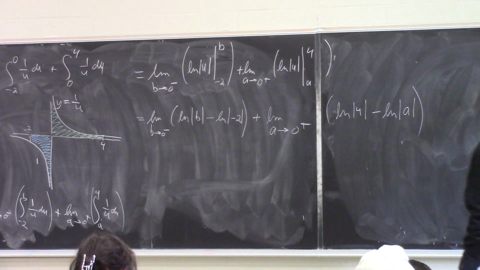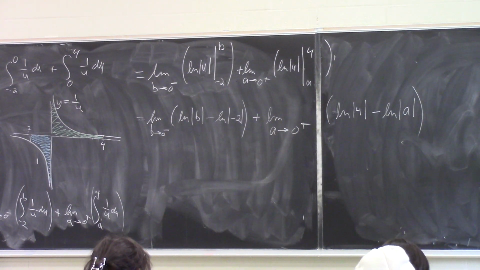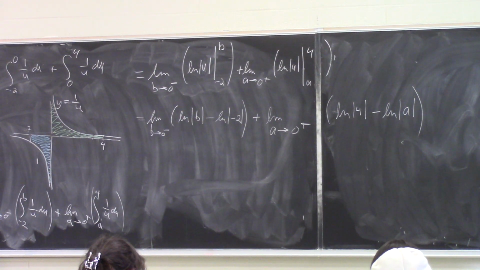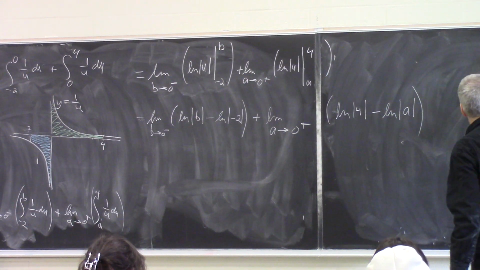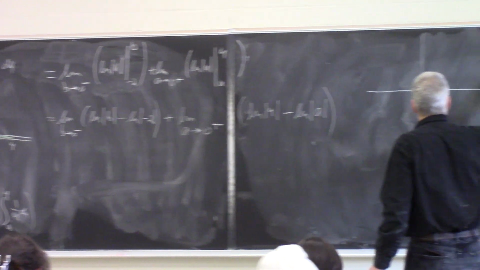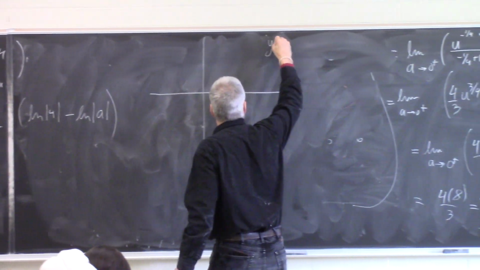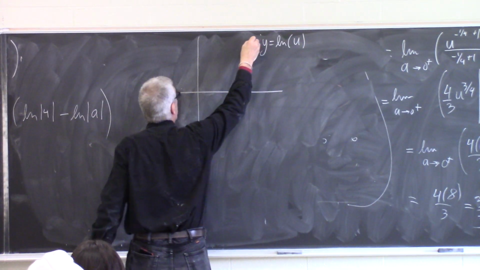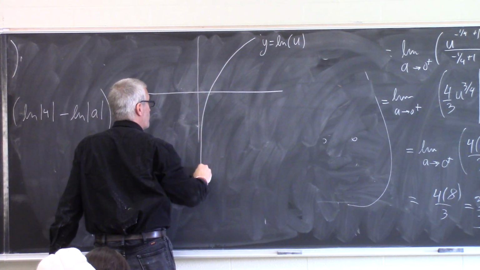Okay, so here again I'm doing more than they do in the book. In the book they just do one of these integrals, and then they say, okay, we're done. But I want to go farther. So it's helpful to have the graph of y equals ln of u and the graph of y equals ln of absolute value of u. Remember, the graph of y equals ln of u is just the right side of this figure.